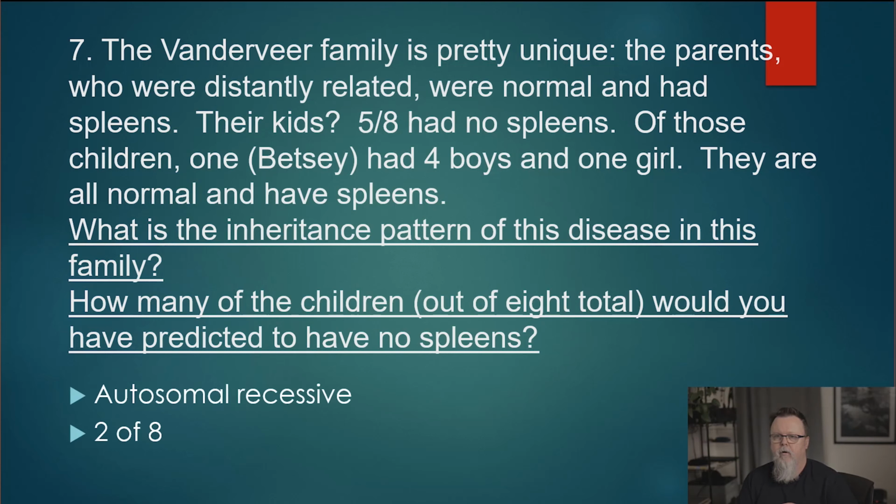So the inheritance pattern of the disease in this family was autosomal recessive. And then, of course, with an autosomal recessive inheritance pattern with a larger sample size, you would expect around 25% of individuals to show or express that phenotype, or 2 out of 8.